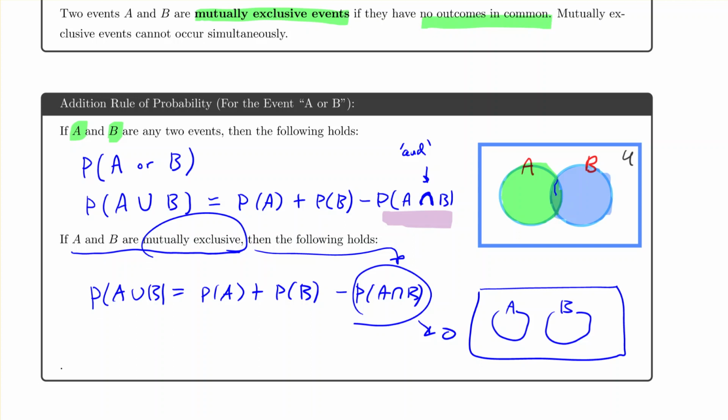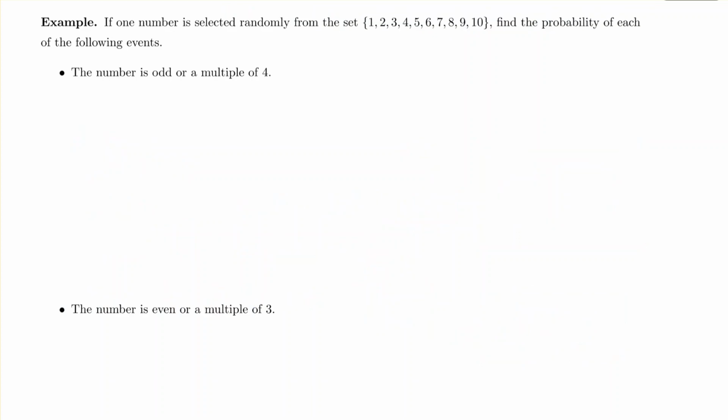So let's look at some examples. If we're selecting only one number from the set 1 through 10, find the probability of each of the following events. So here, we're finding the probability of the number being odd or a multiple of 4. We have two events and it's OR. That means we have to use the rule of addition. Now we have to see if they're mutually exclusive or not.